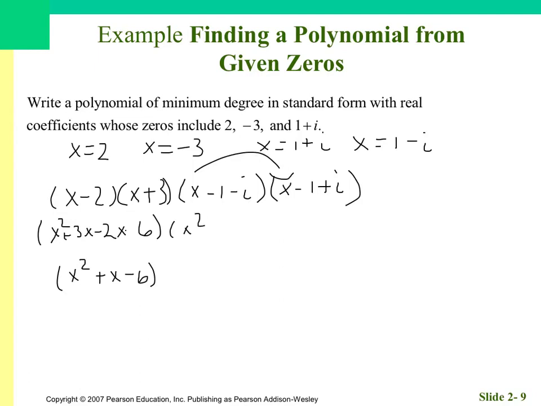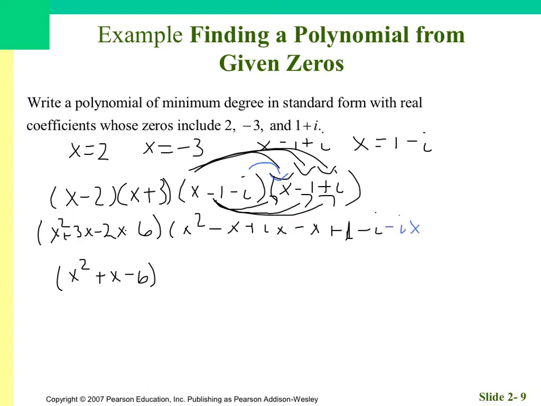x squared minus x plus ix, minus x plus 1 minus i, and then minus ix plus i minus i squared.